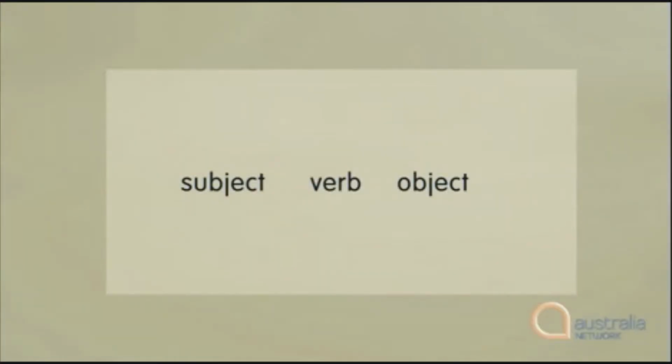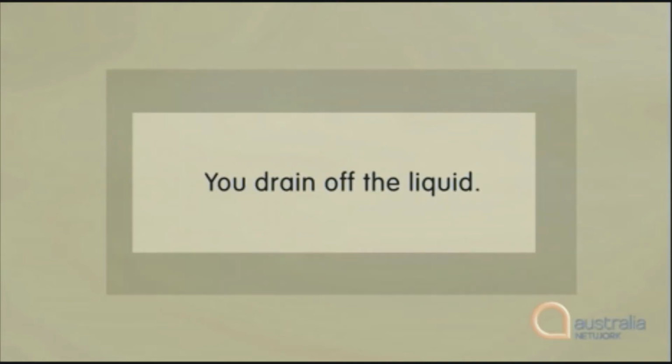Most English sentences use the active form. That's subject, verb, object. But in the passive, sentences begin with the object of the verb. Object, verb, subject. In this sentence, we know that drain off is the verb, you is the subject, and the liquid is the object.